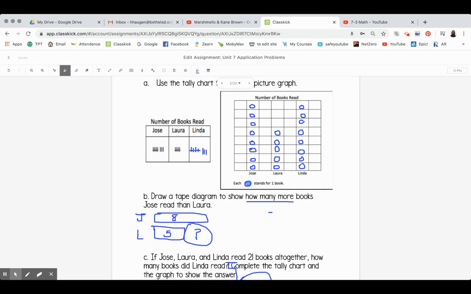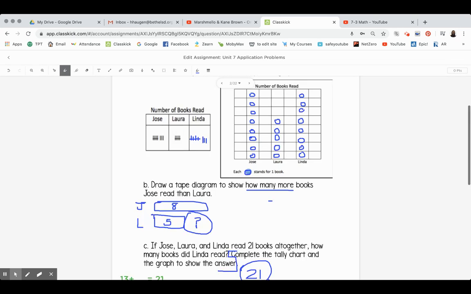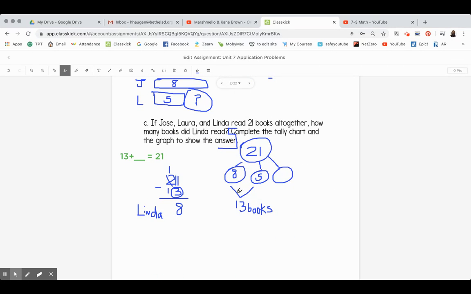Because the directions said not just to find how many she read, but to finish the tally chart and the graph. So I know that I'm correct if I have done all of those things. I know that the 13 books that they did have, plus the 8 books that Linda read, gave them 21 books total. I completed the tally chart, I completed the graph, so now I'm done.